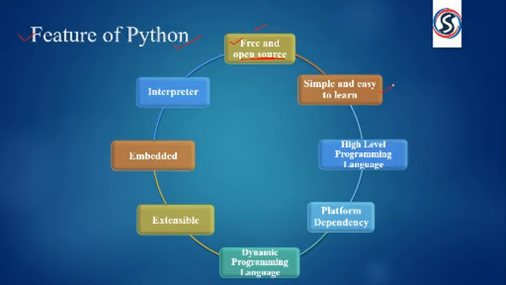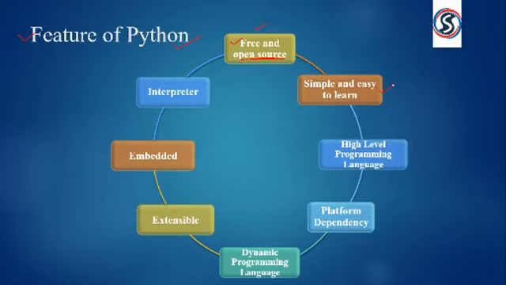Next feature of Python is simple and easy to learn. Python is a simple programming language, and when we read a Python program, we feel like reading English language statements. The syntax is very simple, and Python has only 30 plus keywords when compared with other languages.